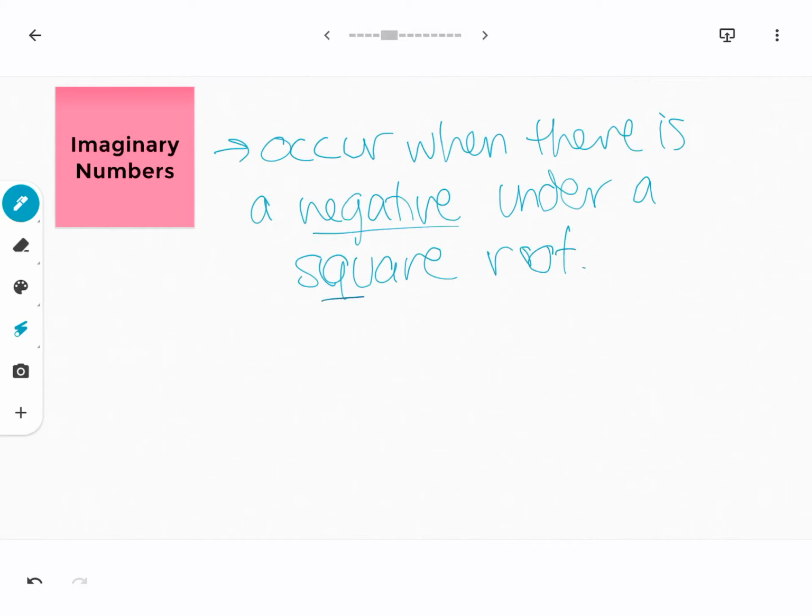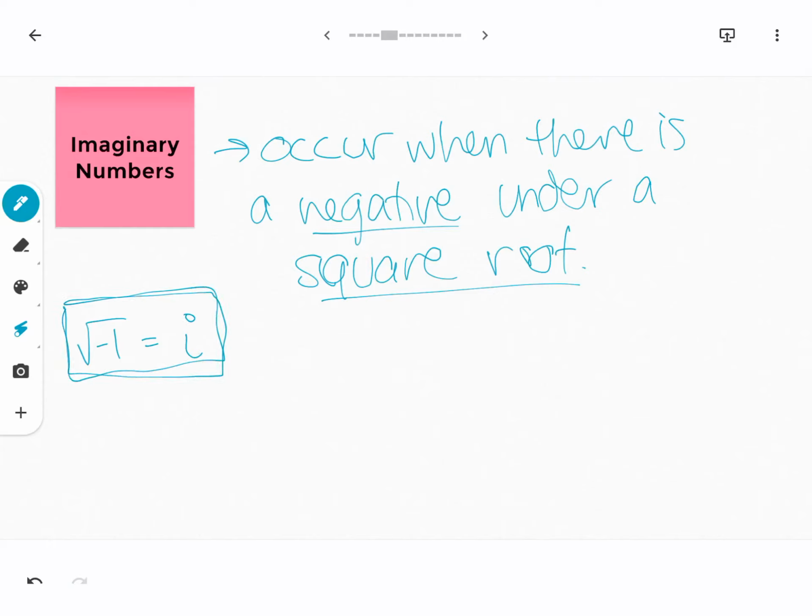Mathematicians ran into a problem where you'd get a negative under a square root and you couldn't finish the problem. And there's different applications in a lot of higher level math that needs you to be able to go past this spot where you got a negative under the square root. To overcome this, we came up with a notation that will help us to deal with this issue. And what we decided is we would let the square root of -1 equal i.